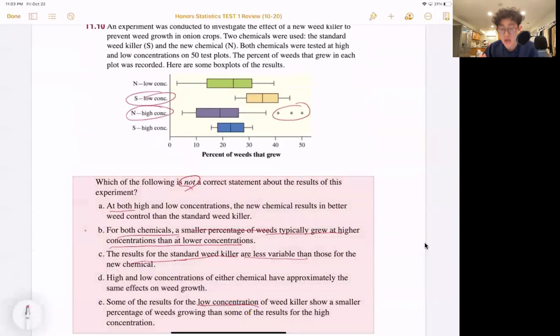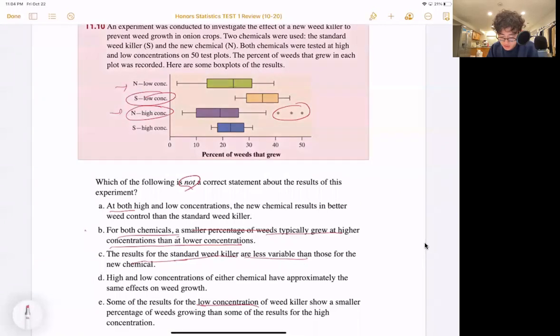At both high and low concentrations, the new chemical results in better weed control than the standard weed killer. So high and low concentrations, which means I don't really care about which graph I'm looking at. I'm looking at the new ones, and comparing that to the standard.